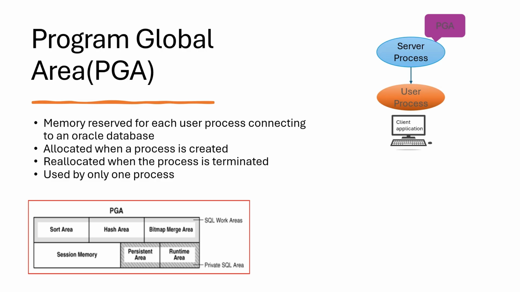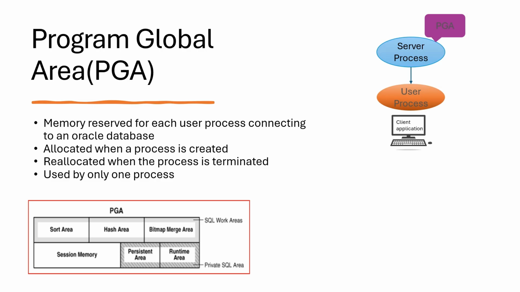And the SQL work area will have the cursor work area, which has the runtime memory for cursor execution, and memory for memory-intensive operations. If you are working on sorting, hash join, etc., the PGA shares some memory for those operations also.